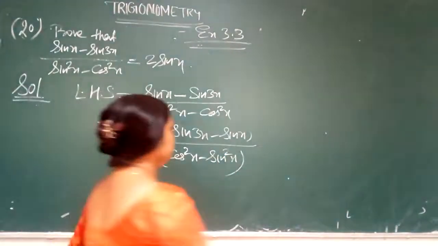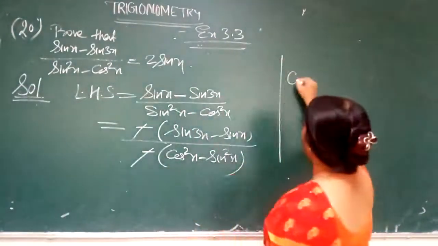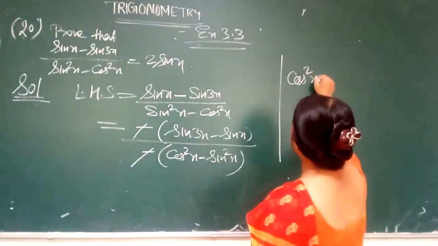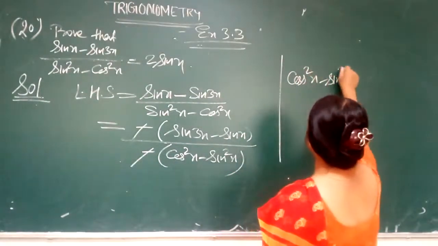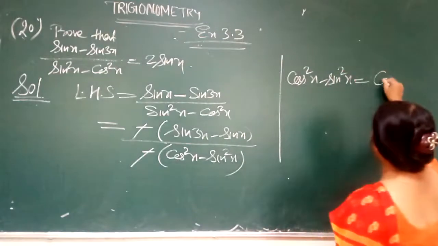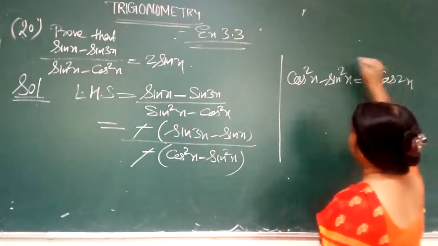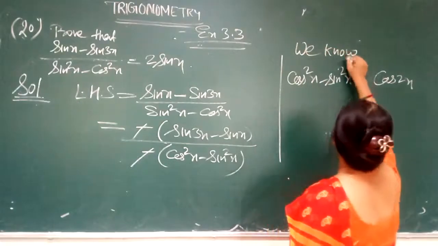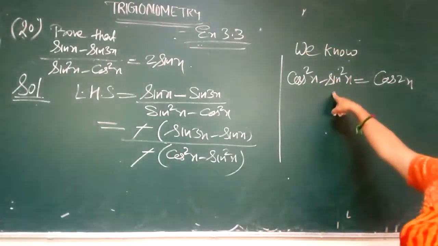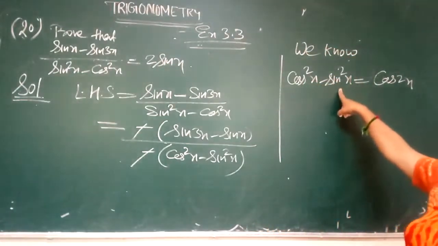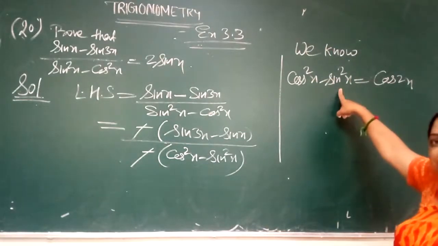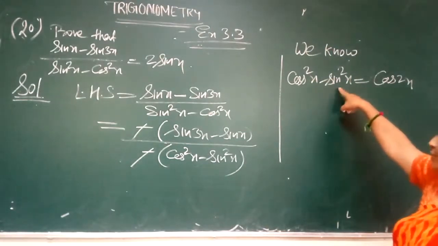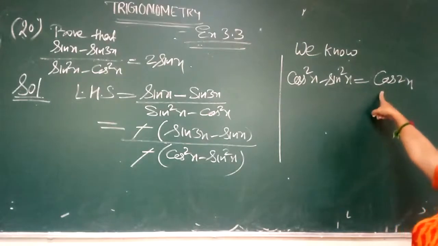Now students, you know the formula: cos square x minus sin square x is equal to cos 2x. We will use this formula. Or you can change it if you want: put the value of sin square x as 1 minus cos square x, and that gives cos 2x.